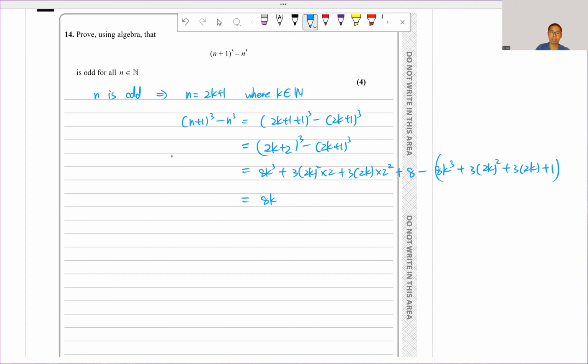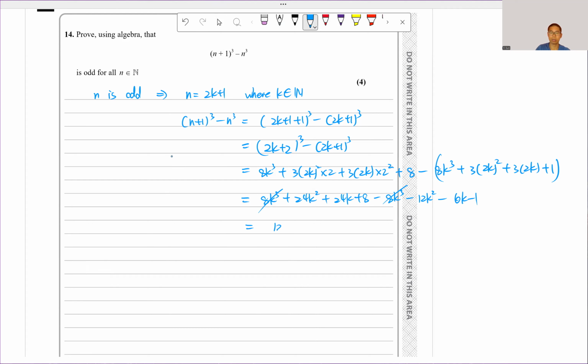Then we have 8k cubed plus 24k squared and then plus 24k plus 8, minus 8k cubed, and then minus 12k squared, and then minus 6k minus 1. So simplify that, and this cancels out.